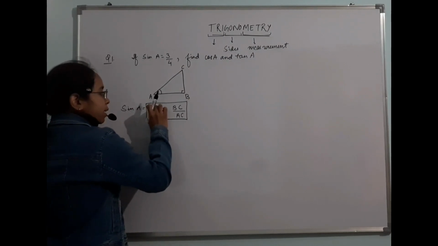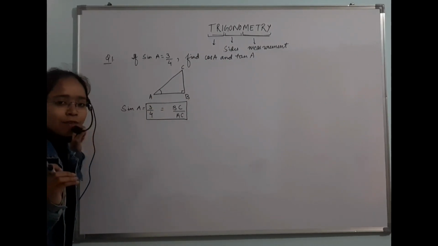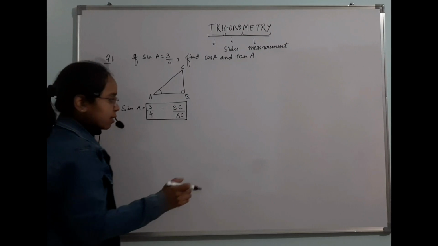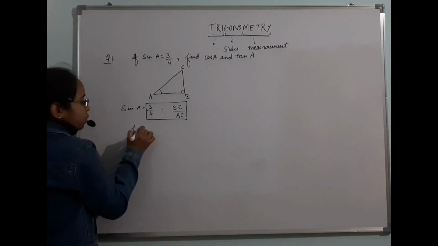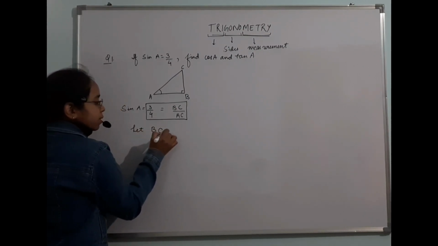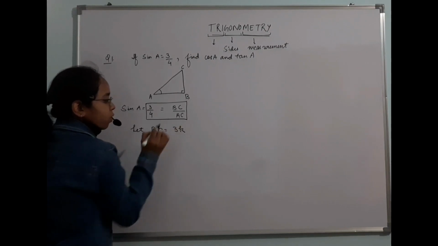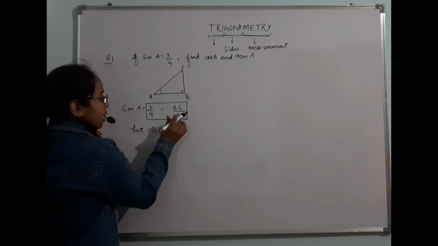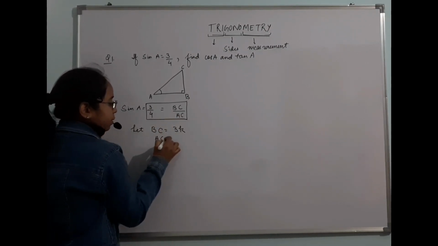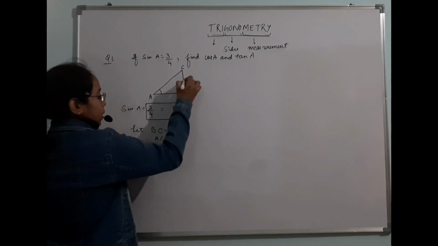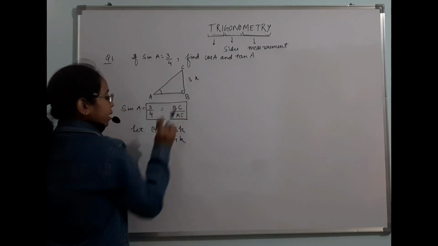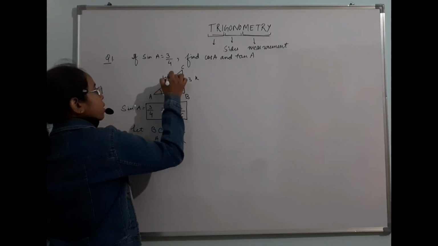So whenever we are given the ratio of two sides, we are required to use a constant. So we can write, let BC be 3 times a constant K, AC is 4K. So our BC is 3K, AC is 4K.